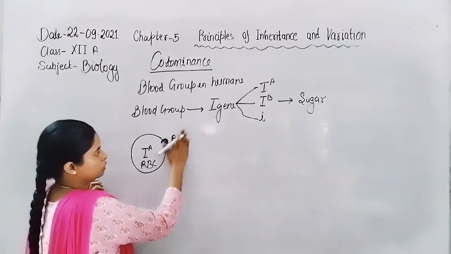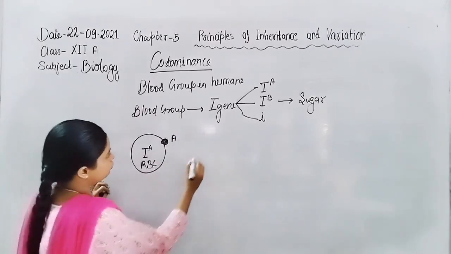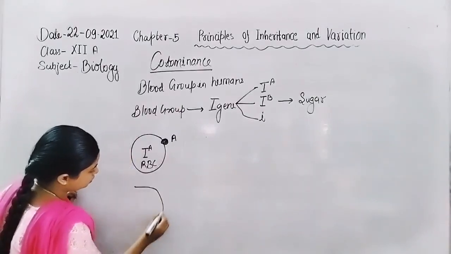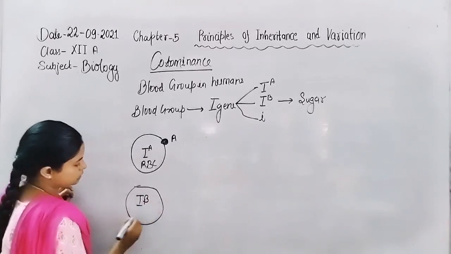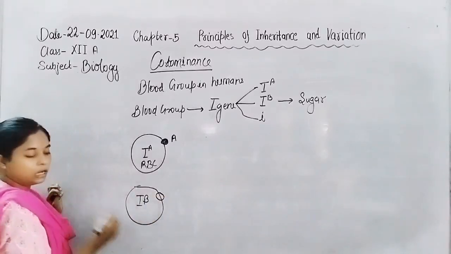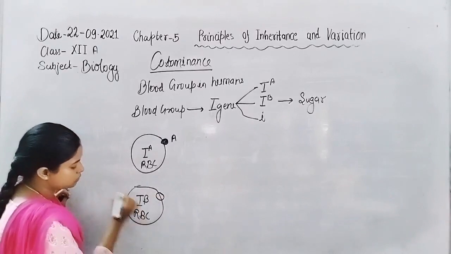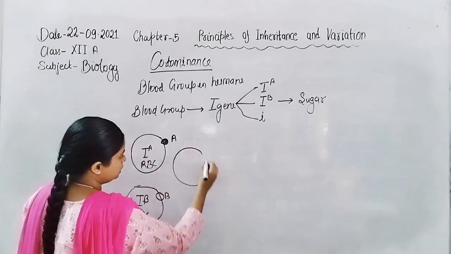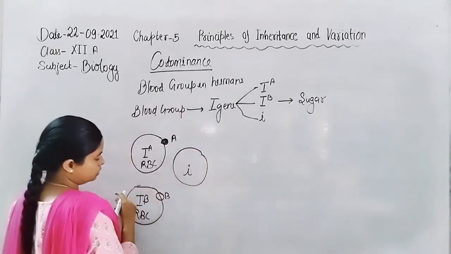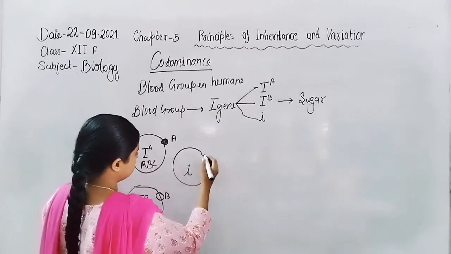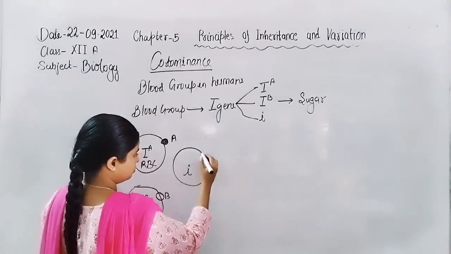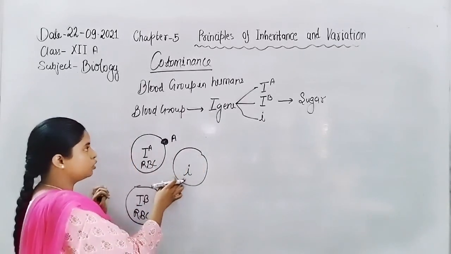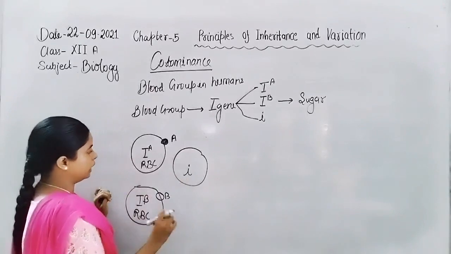If I B is present, the RBC membrane has B type of sugar. If small i is present, actually no sugar is present in such a case, because small i will not synthesize any kind of sugar.